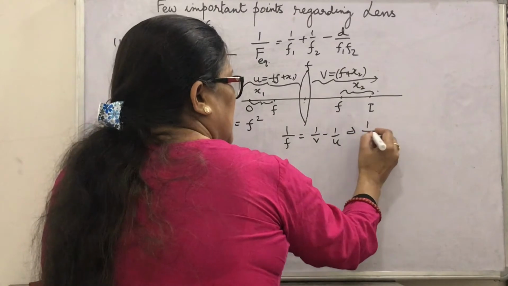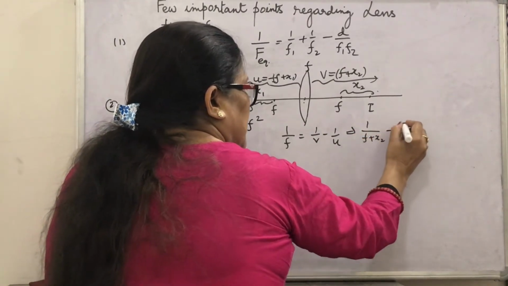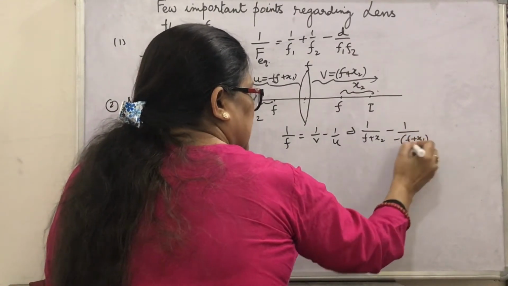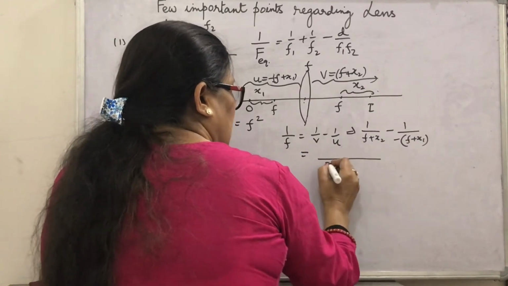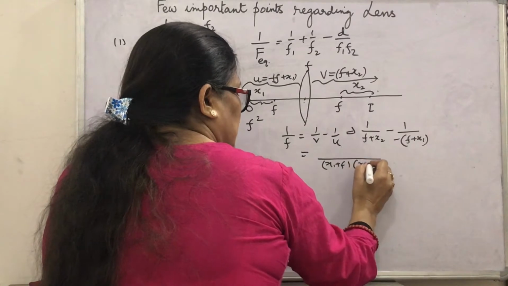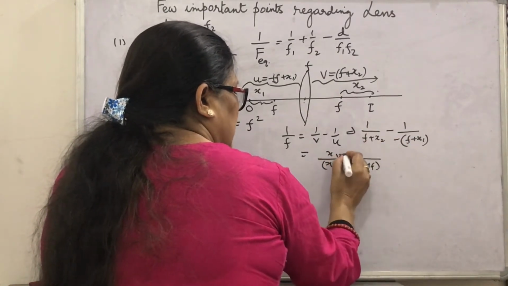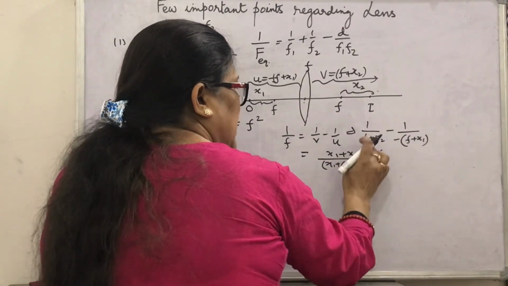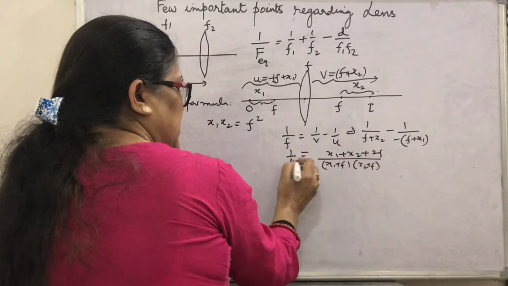Put it here and you will get the result. Look, 1 upon f plus x2 minus 1 upon minus (f plus x1). You can write this as x1 plus f, x2 plus f; this will become plus, so it becomes x1 plus x2 plus 2f, over f plus f and x1 x2. Here this is 1 upon f.